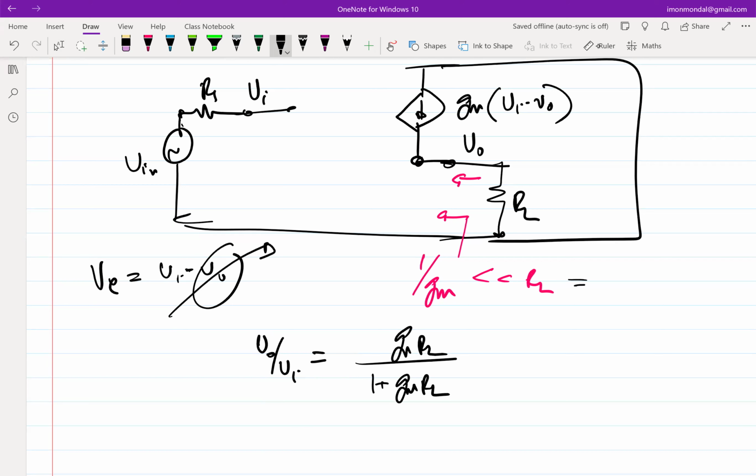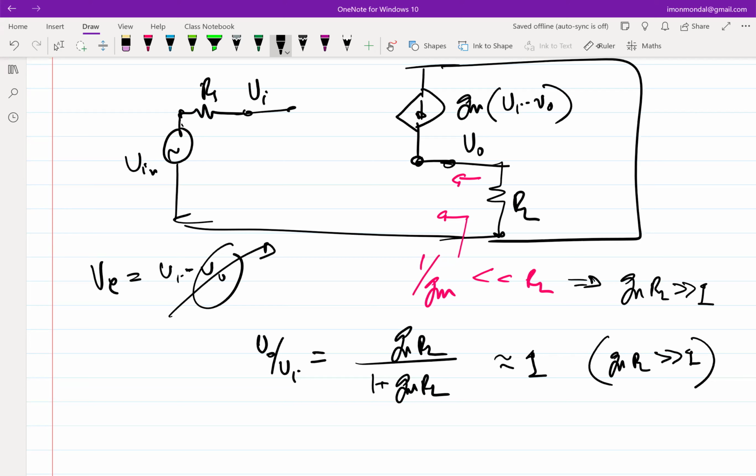So you see that this condition is equivalent to saying GMRL is much greater than 1. If you satisfy GMRL much greater than 1, then this is almost equal to 1. So as a designer, if you know the range of RL, then all you have to ensure is that you bias your transistor in such a way that its own quiescent GM is such that GM times RL is much greater than 1, or 1 over GM is much lesser than RL.